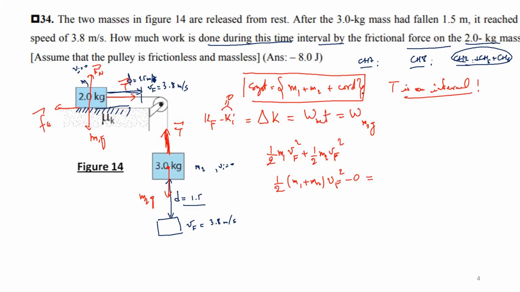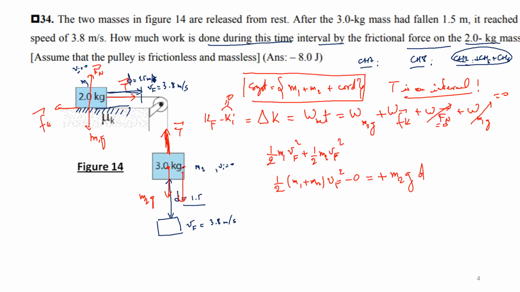And plus work of frictional force, plus work of Fn, which is 0, plus work of M1G, which is 0, because both of these two, Fn and M1G, are perpendicular to the displacement. So what is the work of M2G? I'm going down, right? And the force is down, so it will be positive, plus M2GD.